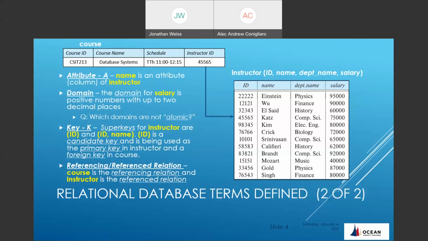Where department name equals computer science, from instructor, but I'm going to take the intersection of that with the set of instructors whose salary is greater than $90,000.